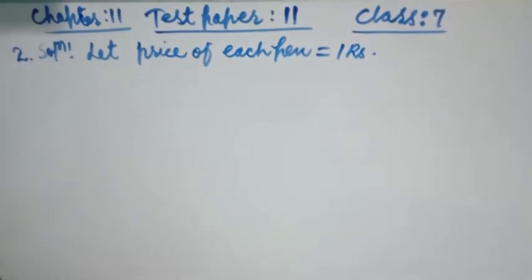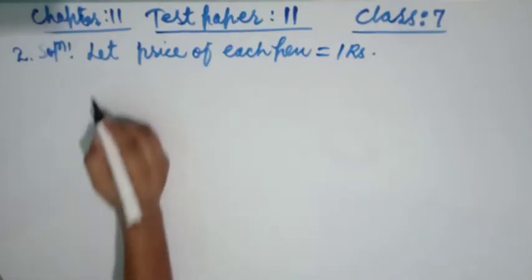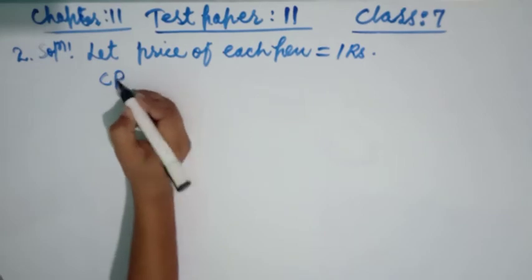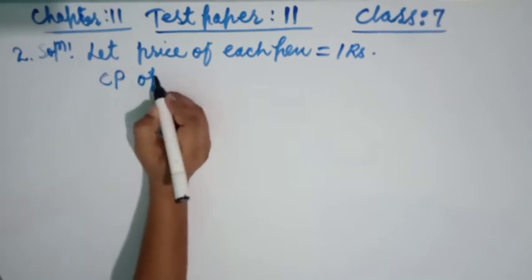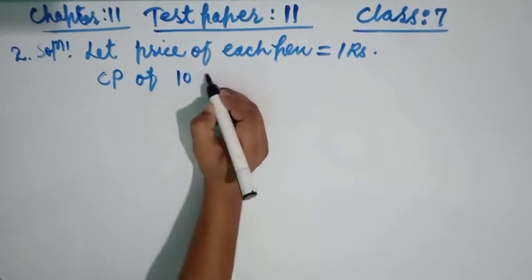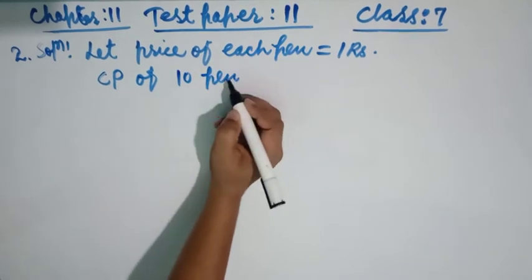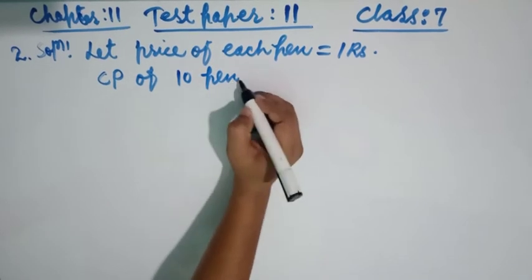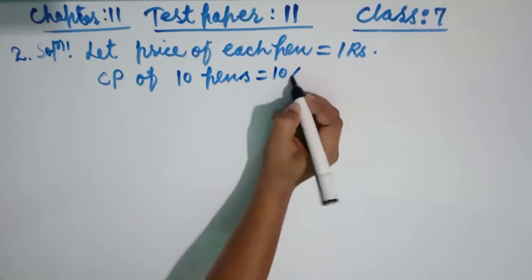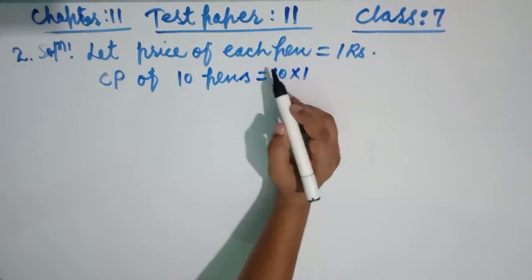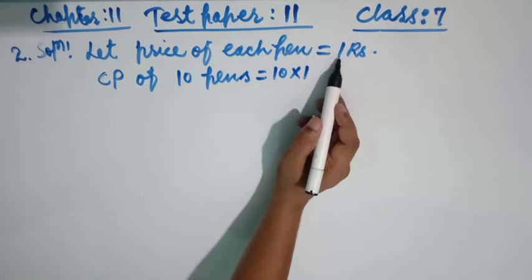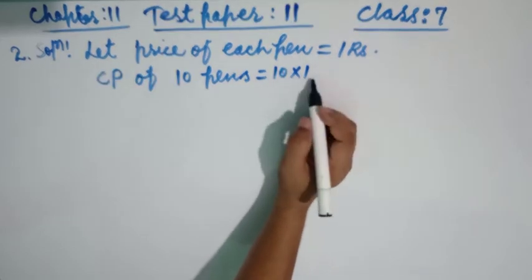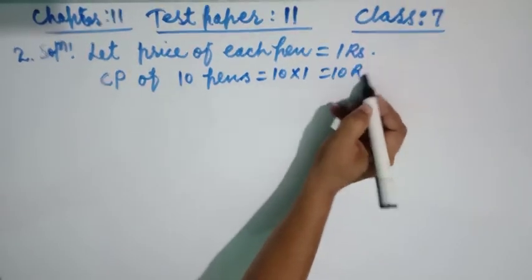Now the CP of 10 pens is equal to 10 multiplied by 1, since the cost of 1 pen is 1 rupee, so the cost of 10 pens is 10 into 1, which is 10 rupees.